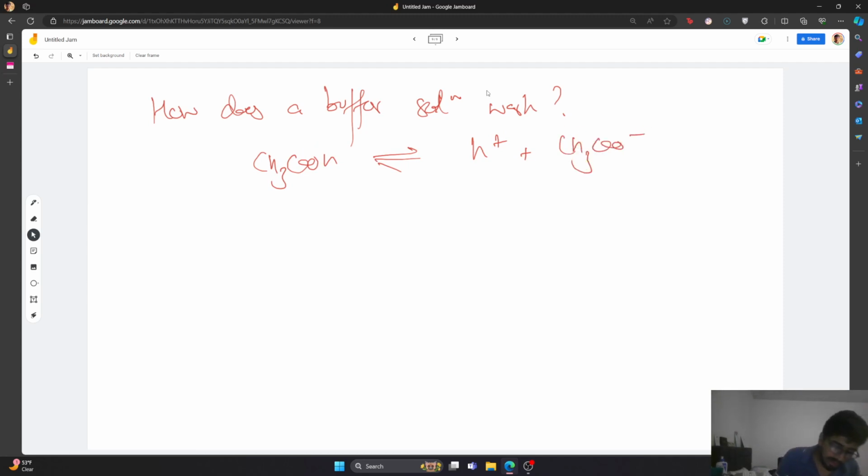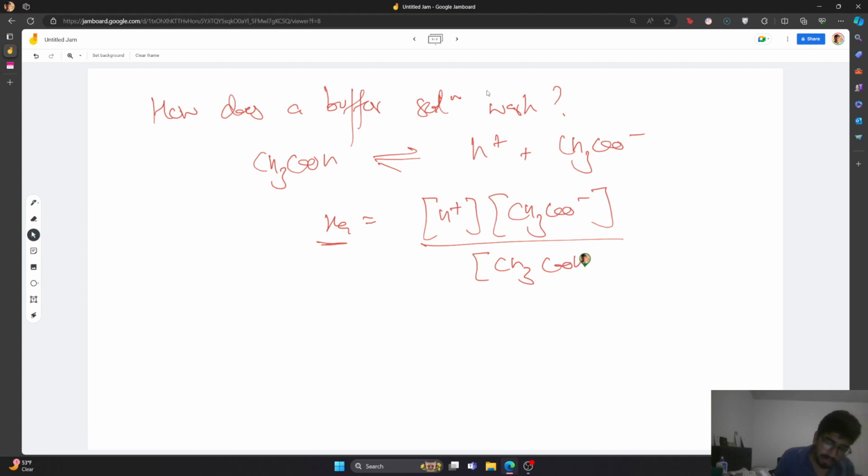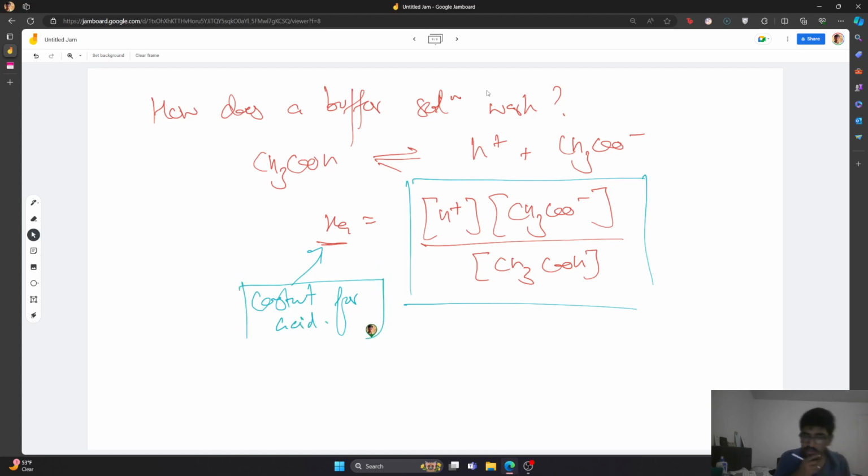That equilibrium is regulated by a constant Ka value, which is determined by the properties of the acid, and that Ka value will be given like this. In your experiments, the right hand side changes, but Ka is always a constant for an acid, which is why it's called the acid dissociation constant. This is always constant, and the right hand side is what changes.